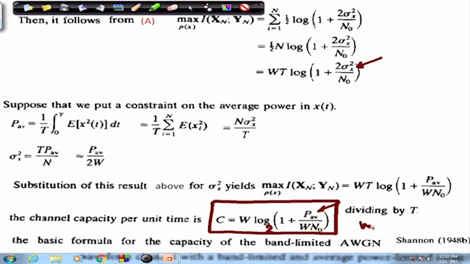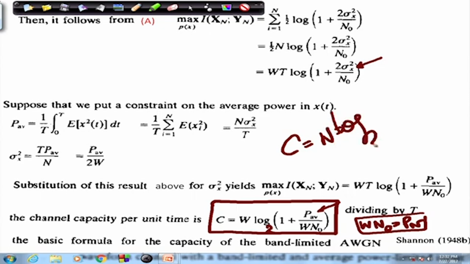Now, W n naught is the noise power P n, because n naught is the power spectral density, and W is in hertz, meaning you have the total noise power. So, what you have is W log base 2 of 1 plus signal power to noise power. In other words, sometimes we will write capacity is equal to W, the bandwidth in hertz, log base 2 of 1 plus SNR, and this is in linear scale.